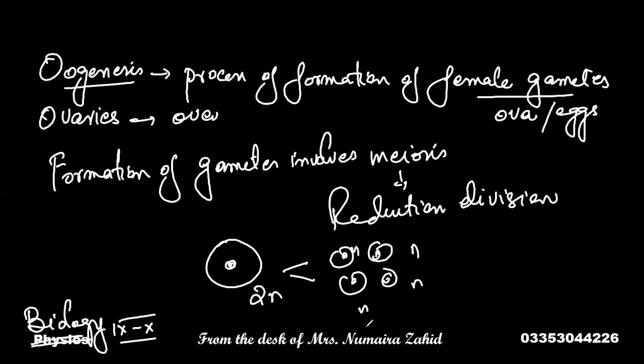All these are haploid cells. In this way, the process of oogenesis is carried out. Now in this lesson, we are going to find out how oogenesis is carried out in a female.